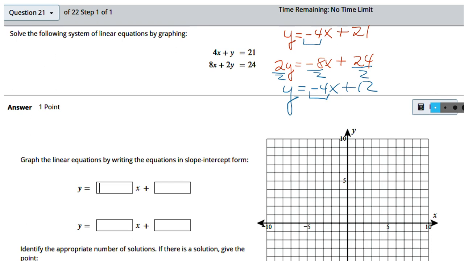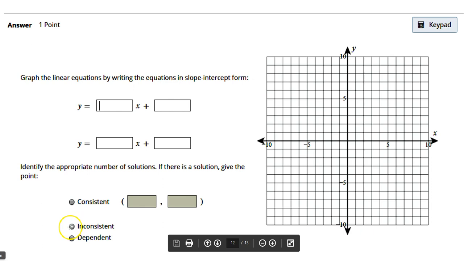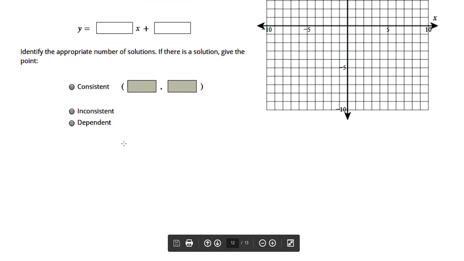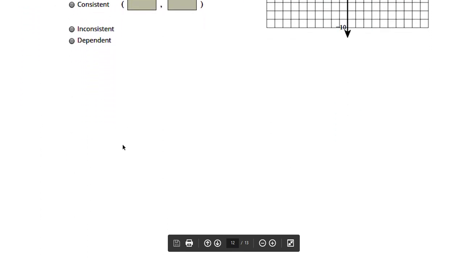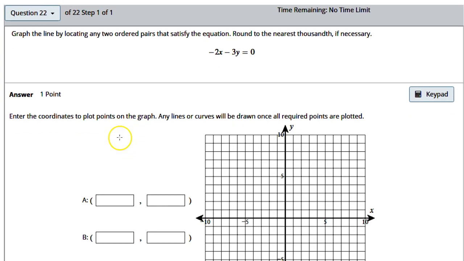So let's bring it down a little bit and finish this up. Since they are parallel lines, we would just click inconsistent. And I don't know if they wanted us to graph them or not. Probably not. Okay. Here's our last question.